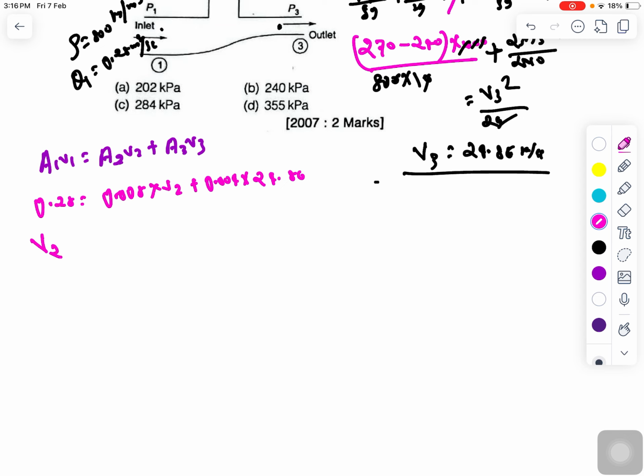So from here you will get the value of v2 as 22.55 meters per second, right?